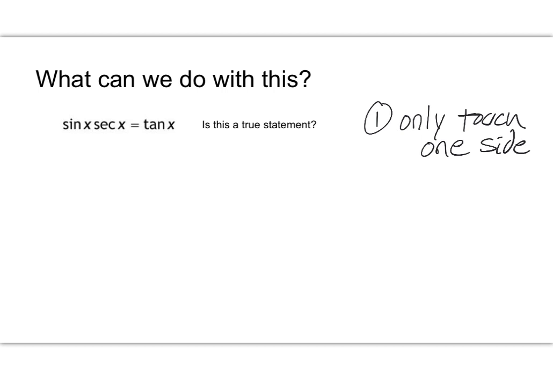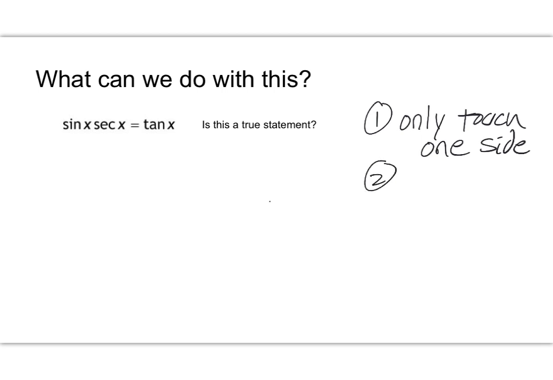This is what makes this different from solving an equation. Our goal is going to be to show that these two things are equal, and to do that we can only affect one side, trying to change it step by step to show that these statements are the same.